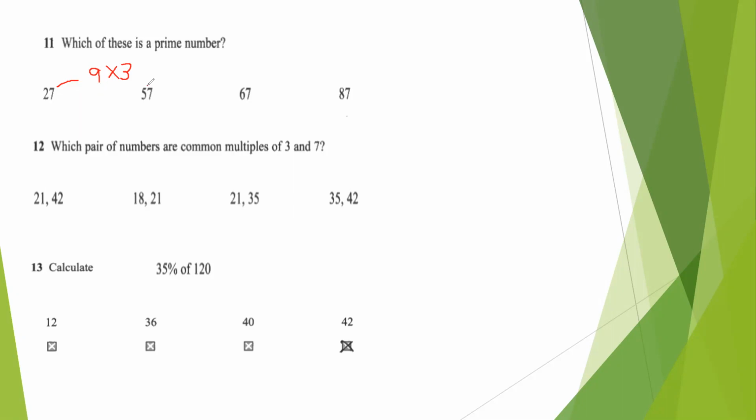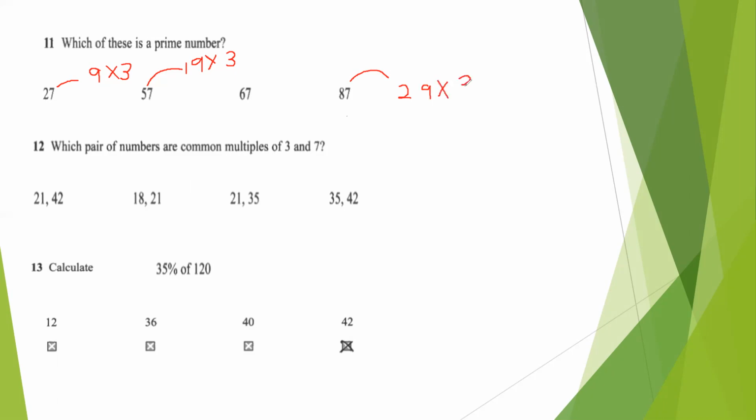Similarly, when you take 57, 19 times 3, right? 19 times 3. Yes, you get 57. So 57 is a factor, 1, 19, 3. So 57 also cannot be a prime number. When you take number 87, when you multiply 29 times 3, you get 87.